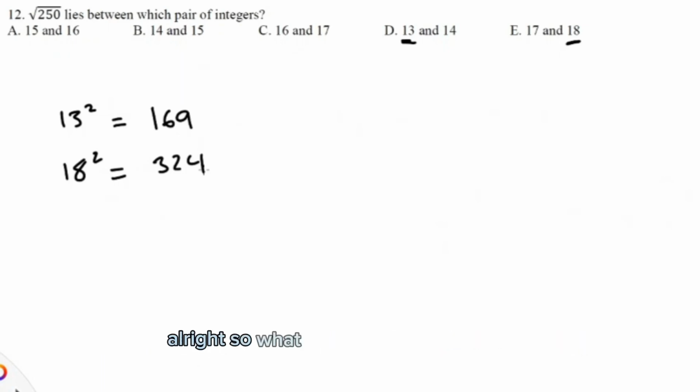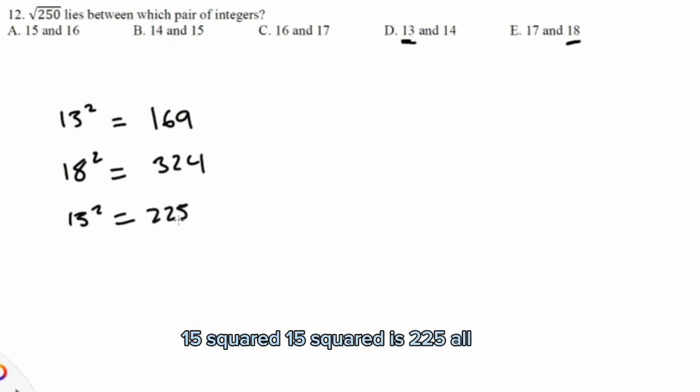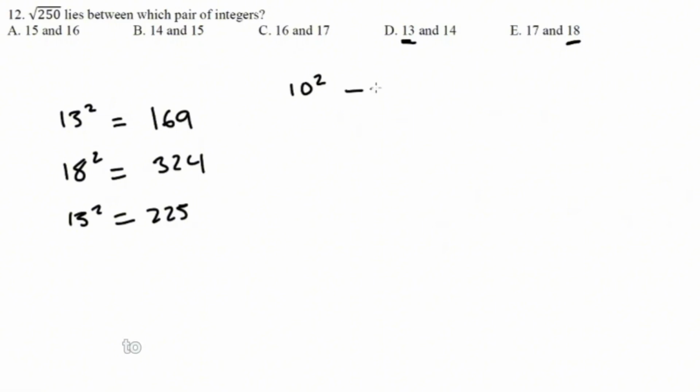Alright, so what we can do is we can take 15 squared. 15 squared is 225. Alright, now we can solve this problem. So we need to know the square root of 250 lies between which pair of integers. Okay, so one thing to know with your squares from the number 10 squared to 20 squared is that the difference between them is usually between 20 to 30.